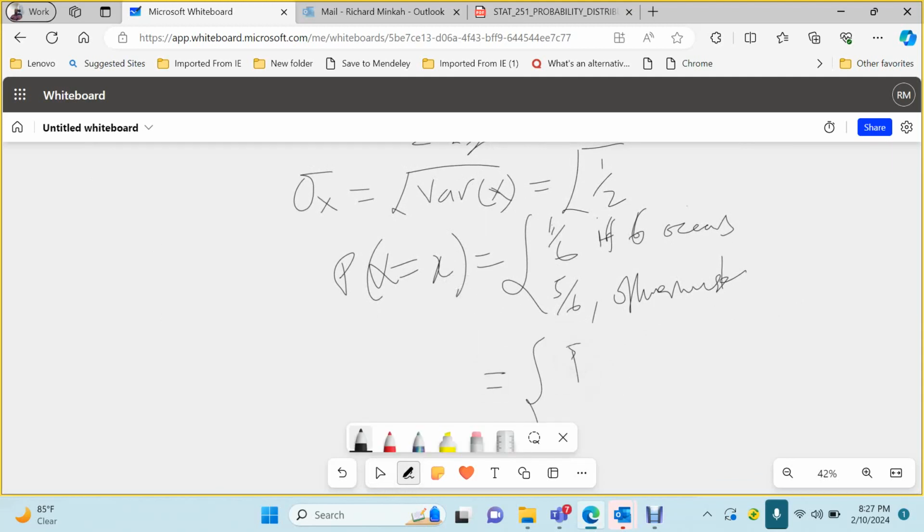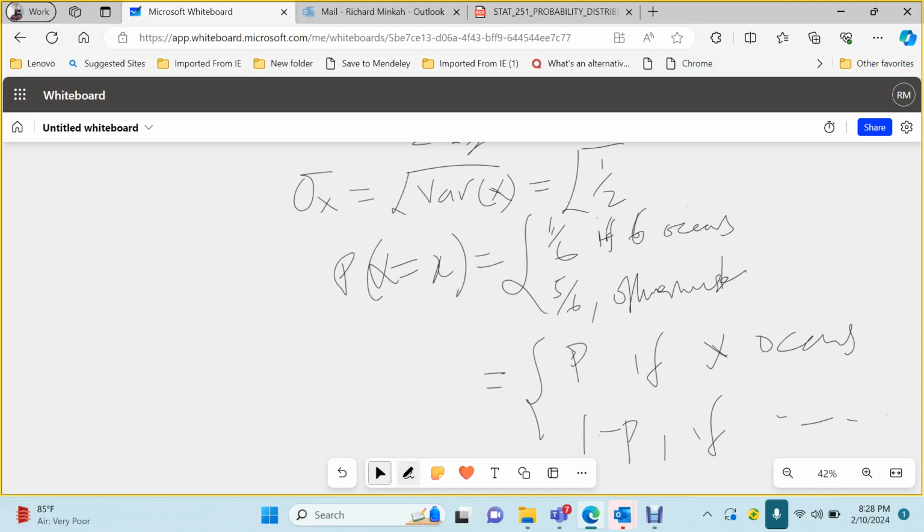P if X occurs. What I'm interested in is 1 minus P if it doesn't occur. It is the same thing that you're going to write in the formula they have written in the slide.